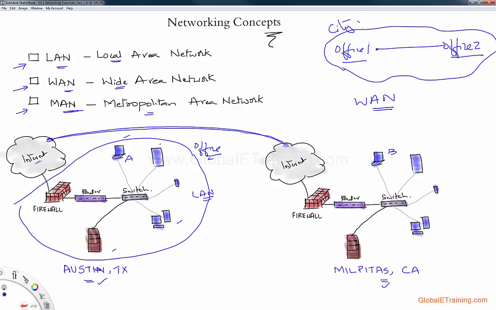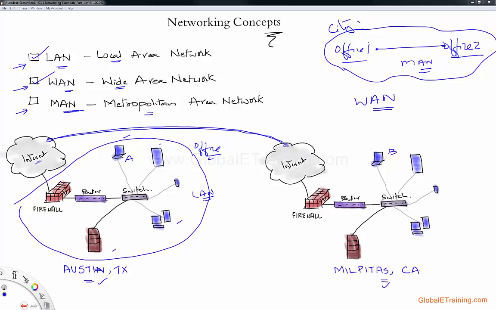If this location is connected to this location, then you call it MAN. That was by definition metropolitan area network, but it is not commonly used nowadays. So you'll most likely hear LAN and WAN. Those are the three terms. Let's move on.